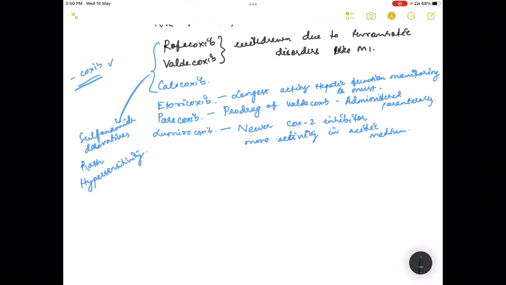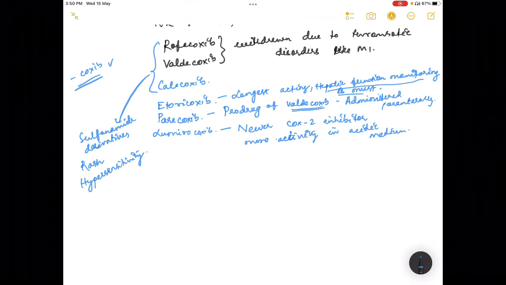Out of these, rofecoxib and valdecoxib have been withdrawn due to thrombotic disorders like myocardial infarction. Celecoxib is a sulfonamide derivative and it can cause rash and hypersensitivity reaction. Etoricoxib is the longest acting coxib, and hepatic function monitoring is a must when you are giving etoricoxib.